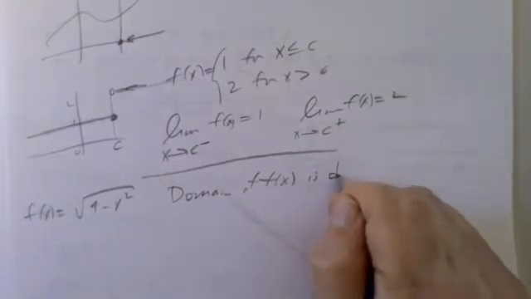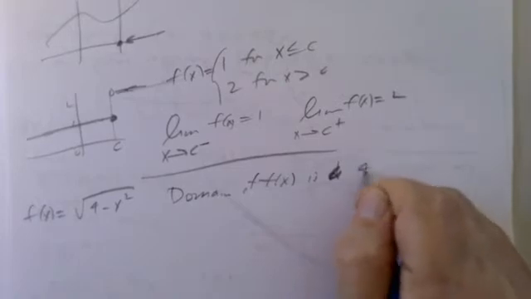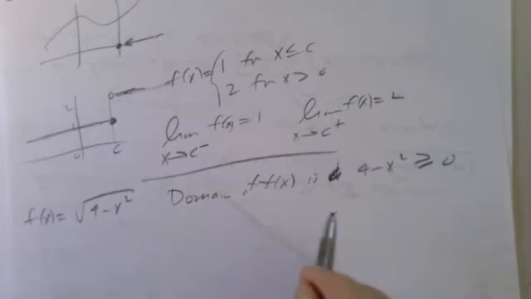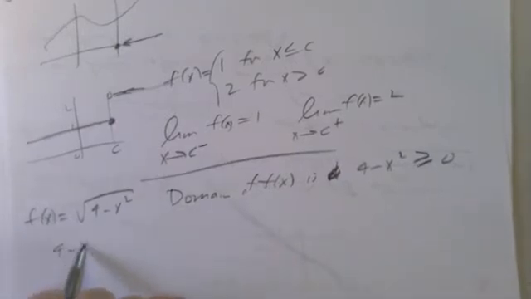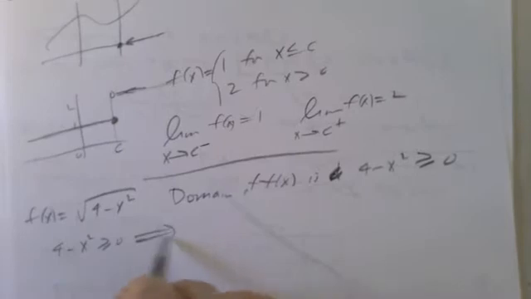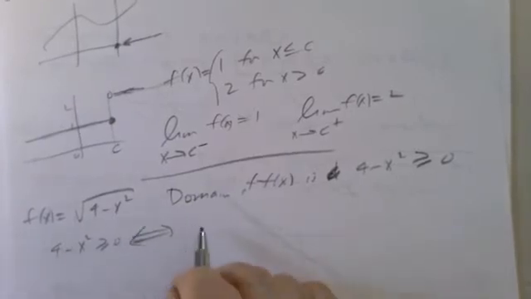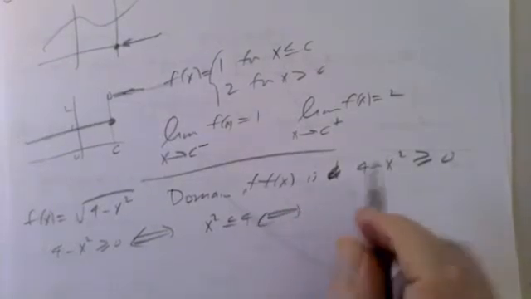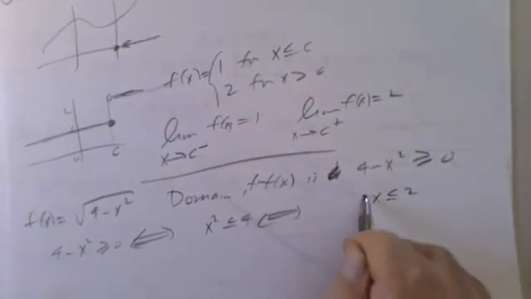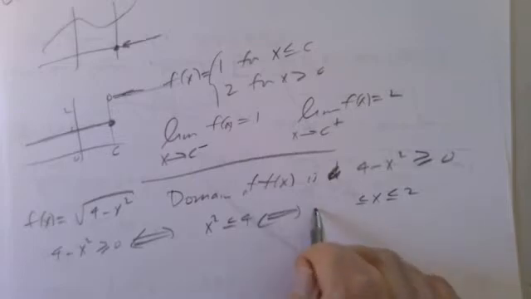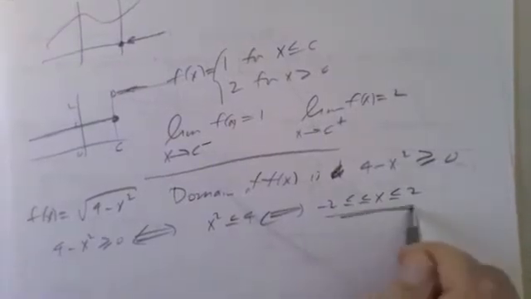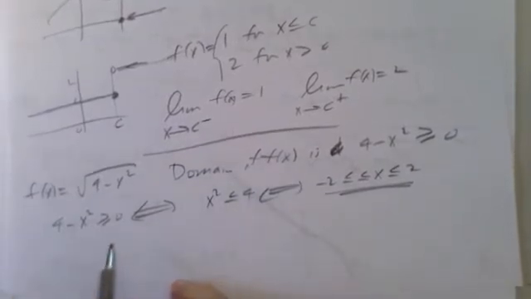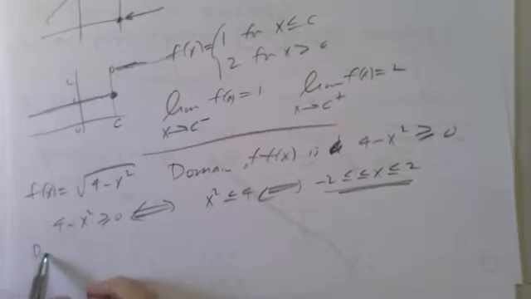So this is the set of all x such that 4 minus x squared is greater than or equal to 0. That is the same as x squared less than or equal to 4. And if you think about it, that means x can't be any bigger than 2. It can be negative, but it can't be less than negative 2. So the domain of this function is the closed interval from -2 to 2.